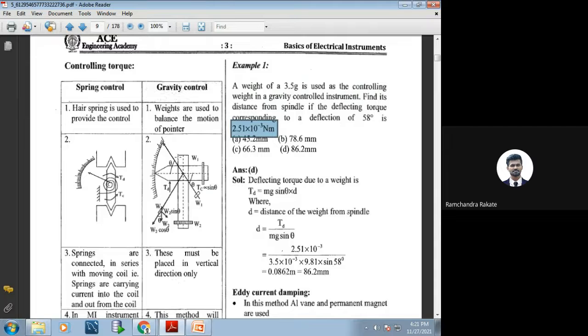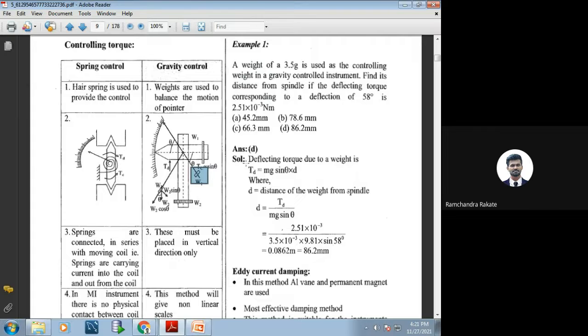As we have said, in gravity control we attach the counterweight at the end opposite to the pointer. For the deflecting torque, the equation is Td = m g sin θ × d, where d is the distance of the weight from the spindle. Td is already given: 2.51 × 10^-3 newton meter.